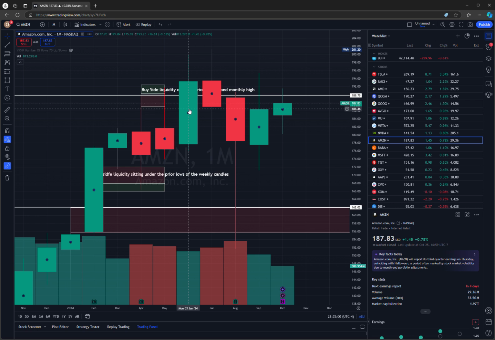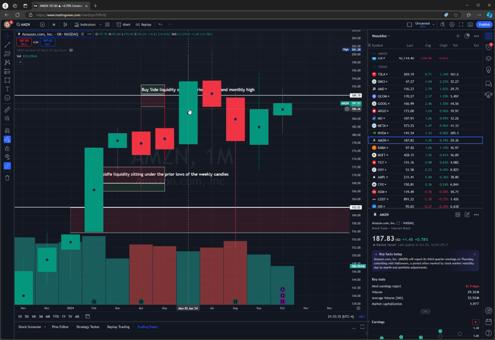A high volume pin bar printing at an edge or within a zone is telling you that a trade is taking place, and it's most likely about to pivot. Whatever direction it's going, it's probably going to turn around and go the other way. Obviously not every time, but more often than not. And that's ultimately what you're looking for in the market.